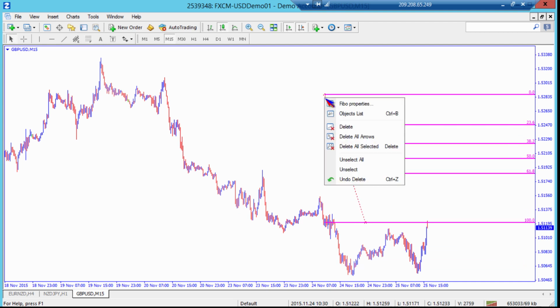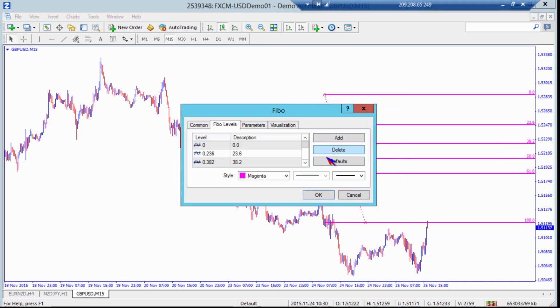Just want to make sure everything's set up here by default. Okay. Now, the standard Fibonacci that comes with MetaTrader 4 is 23.6, 38.2, 0.50, 0.618. And it has all these other numbers with it.